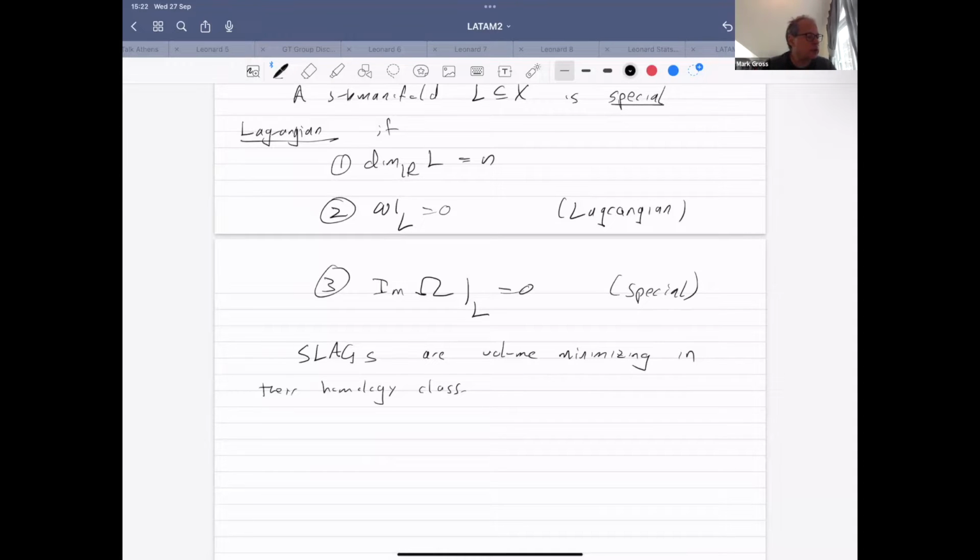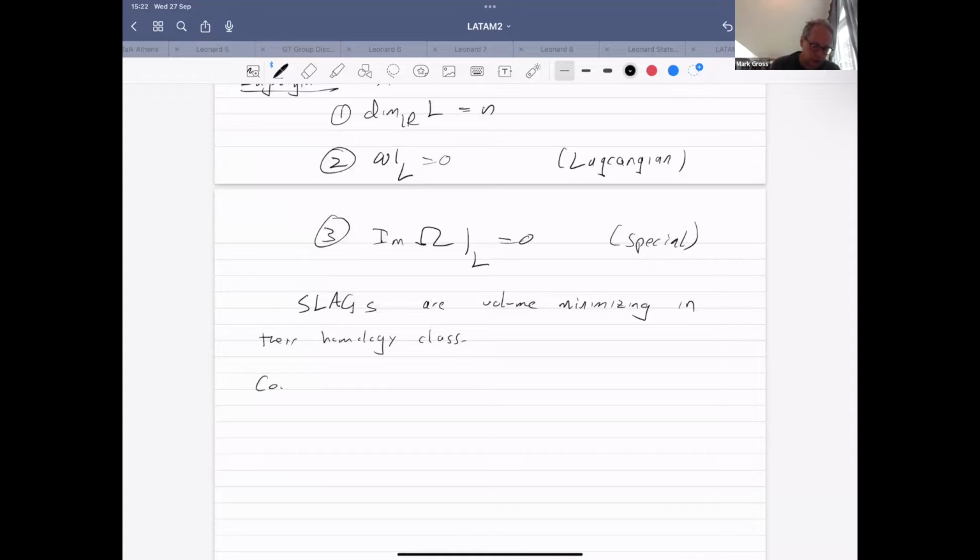Okay, so given this definition, here's the conjecture, again very loosely stated.